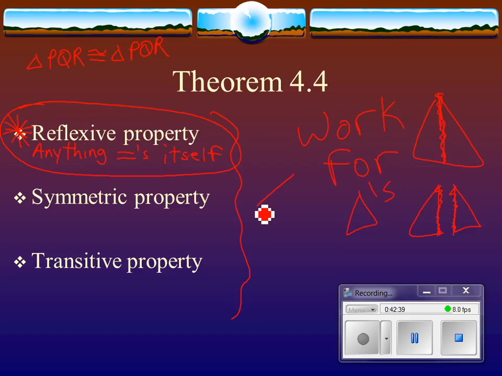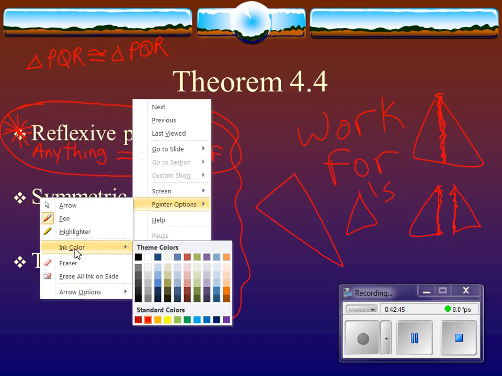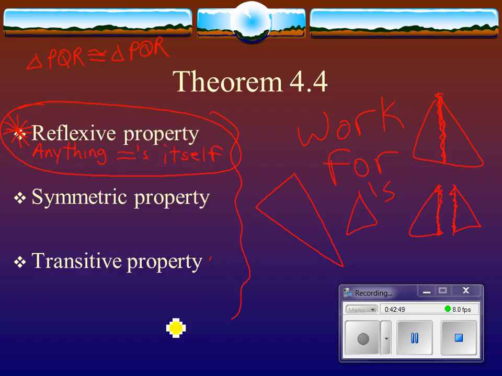If I draw another picture, how many triangles are in that picture? Four. There are four.